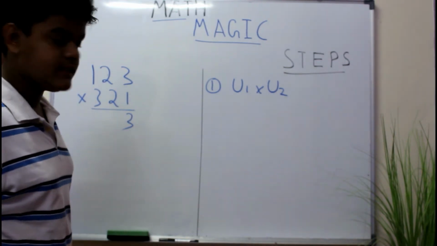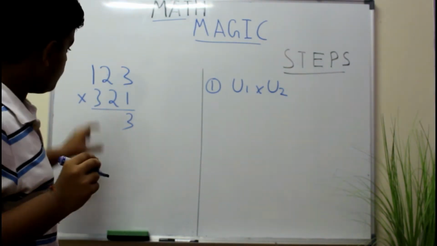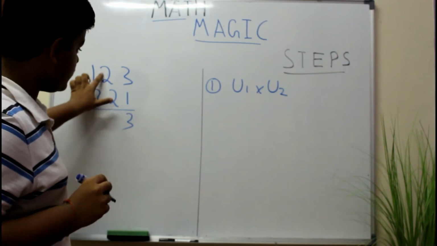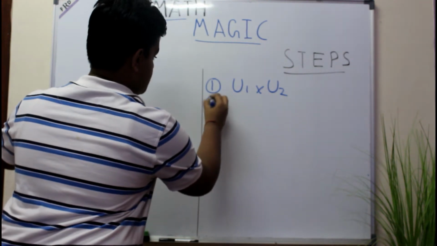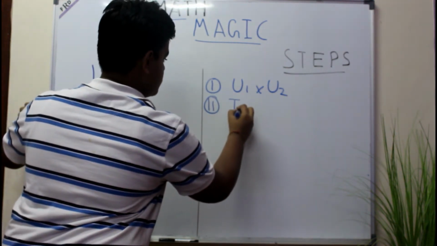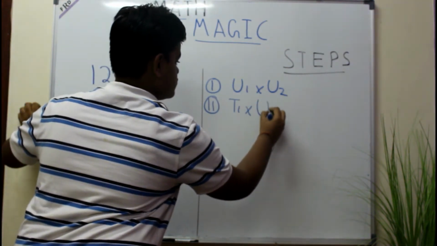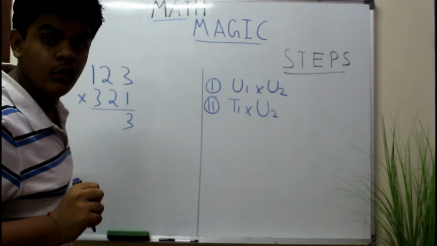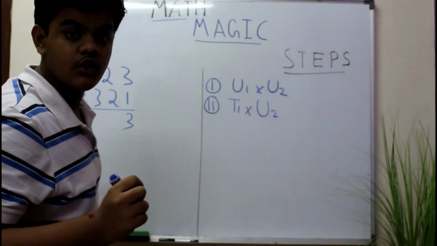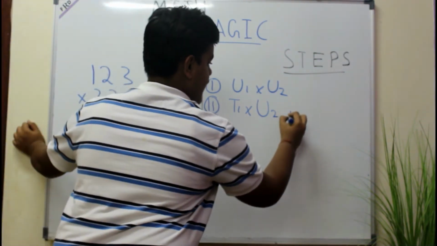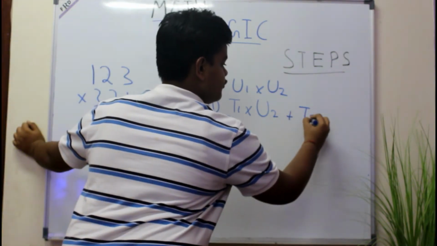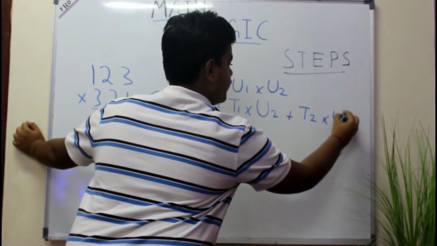The second step is to multiply T1 into U2 and add it to the multiplication of T2 into U1.